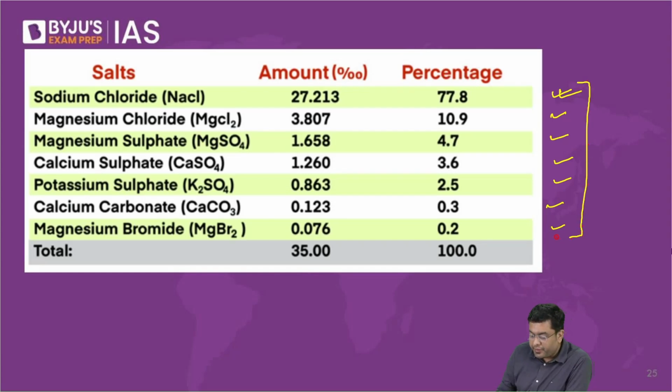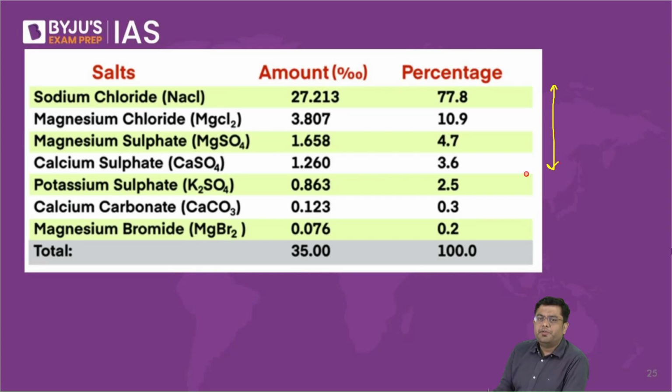That is why, when by accident or mistake you consume seawater, you feel that immense salty taste. It is given by NaCl. Then you have magnesium chloride, magnesium sulfate, calcium sulfate, potassium sulfate, calcium carbonate, magnesium bromide, and so on.